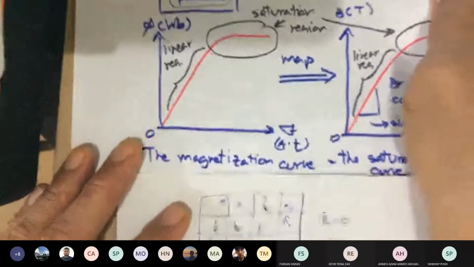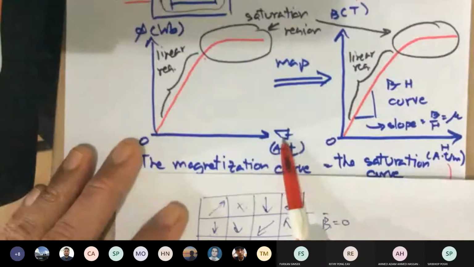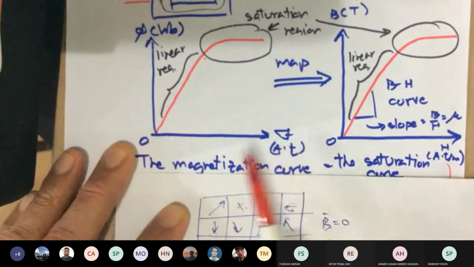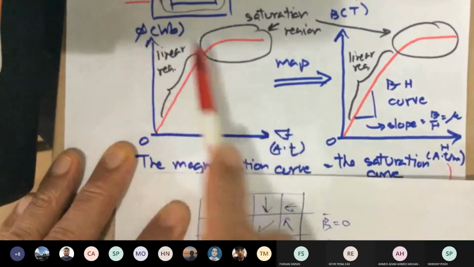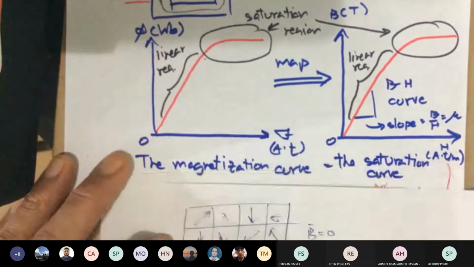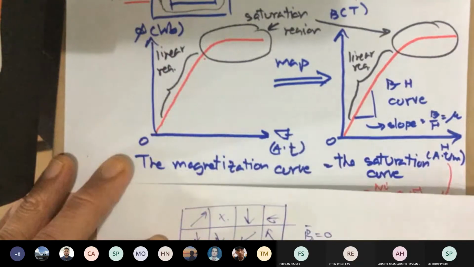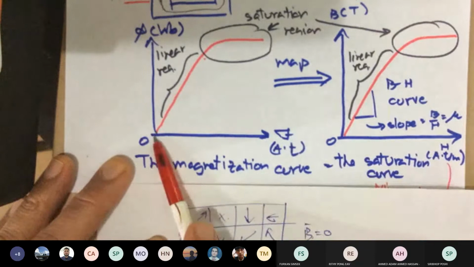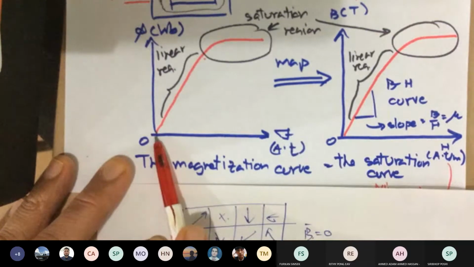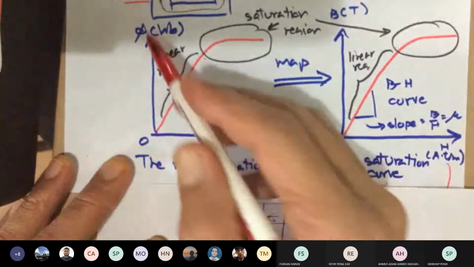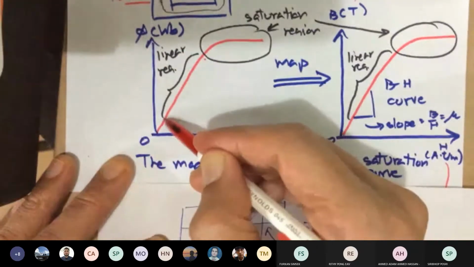It's a plot of the magnetomotive force, which is the number of turns times the current, in ampere-turns, versus the flux. We call this curve the magnetization curve. As you can guess, when there's no current, you have no flux. When I increase the current, let's say 10%, my phi goes up 10%.